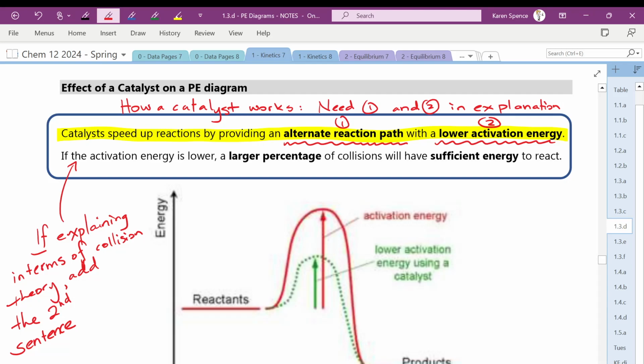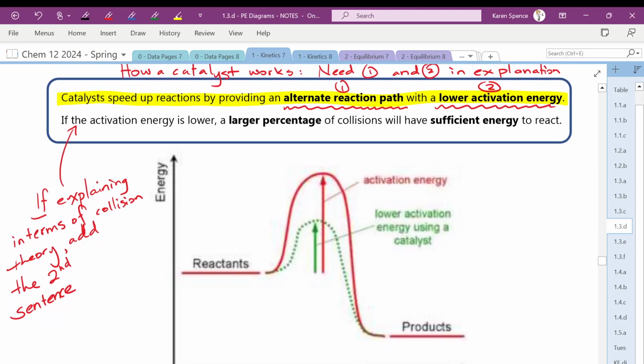So here's our diagram. What's the only thing about it that has changed with a catalyst? The catalyst changes only the activation energy.